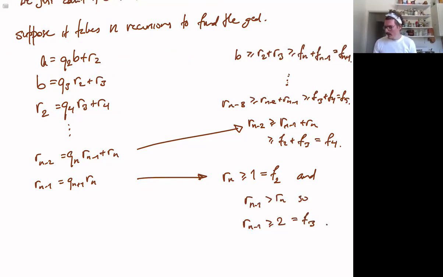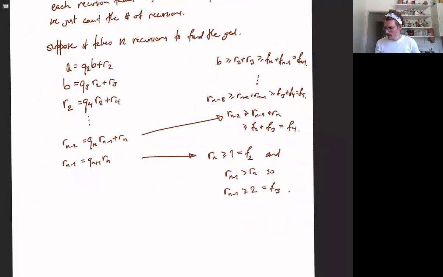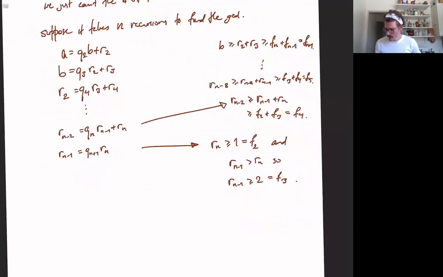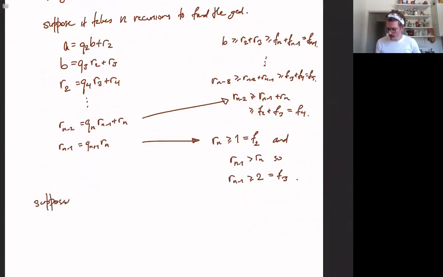But the point is, what is the result of all this? Let me step back for a second. We supposed it takes n recursions and found that B had to be greater than or equal to the n plus first Fibonacci number.